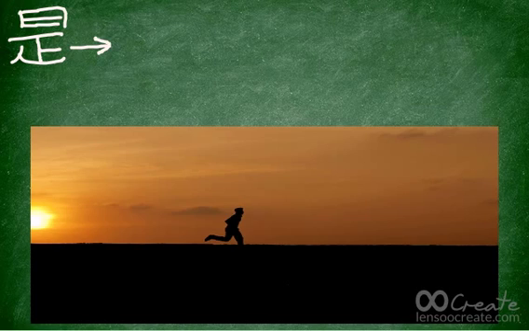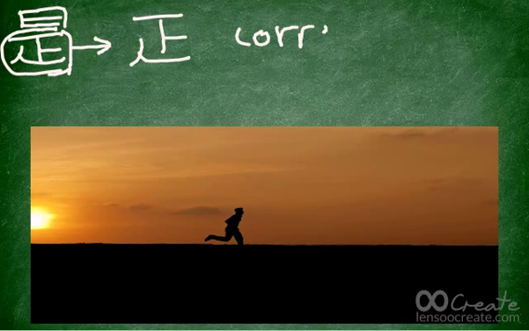This little character right here means correct or right. So to draw the primitive, it's gonna make a little bit more sense of what it looks like. So the primitive is as such.